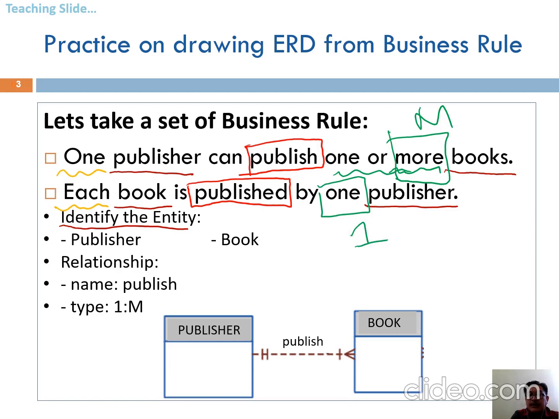So your relationship is between the publisher and book entities. The name of the relationship is publish, and it is one to many, with more books there.